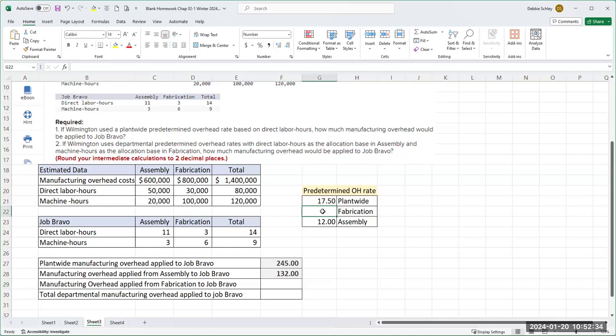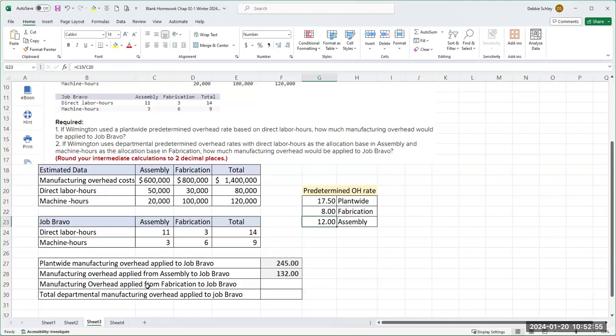Now let's do fabrication. Fabrication is based on machine hours. So we're going to take the total fabrication divided by the machine hours to get my predetermined overhead rate for fabrication.